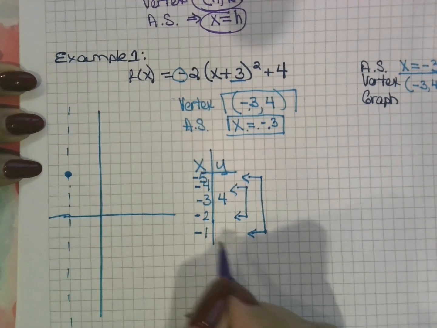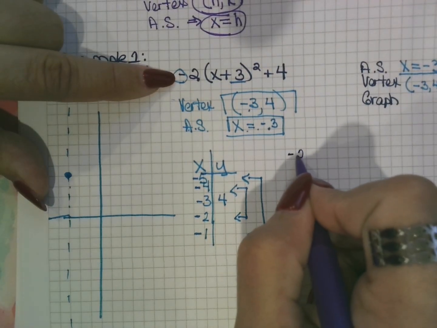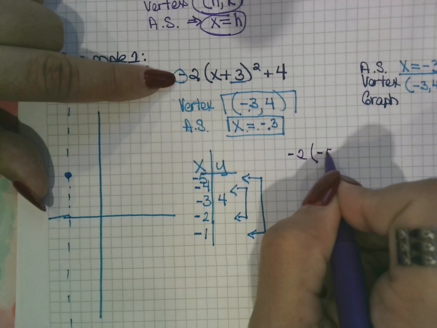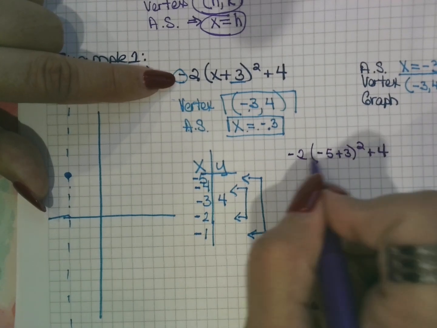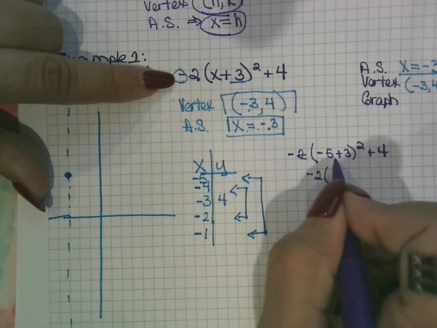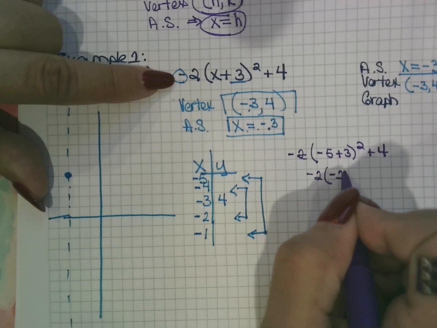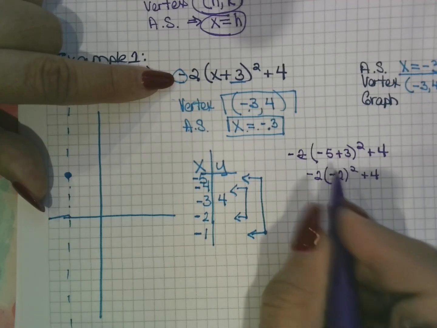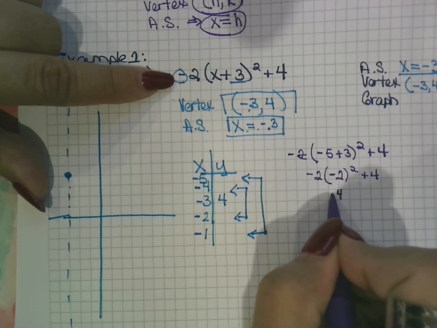So let's go ahead and do that. Let's do -5. So here we have -2. Wherever there's an x, I'm going to put a -5. Okay. Order of operations says we must do parentheses first. So -5 plus 3, that's -2. Exponents, so -2 squared, that's 4.